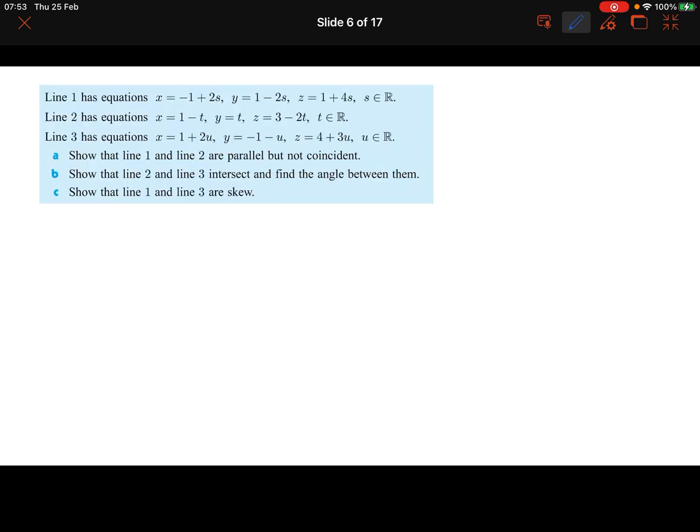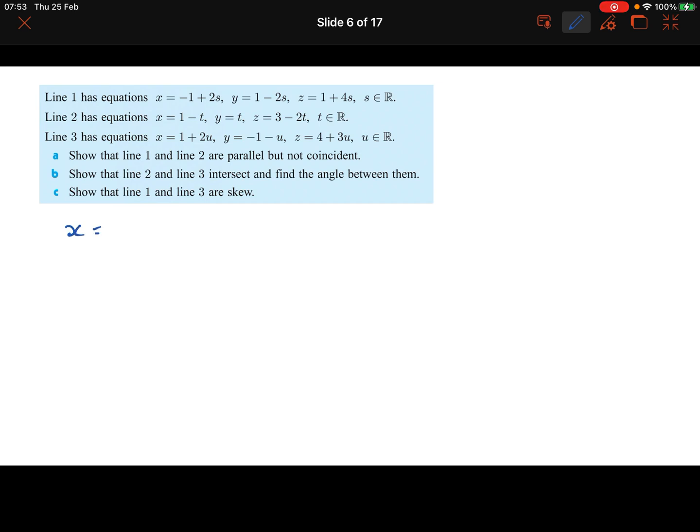So here we've got a question. We're basically going to find out what happens with each of those types. Okay. So we've got 3 lines: line 1, line 2, line 3. First part says show that line 1 and line 2 are parallel, but not coincident, okay? So let's just have a look at them. They've given them to us parametrically.